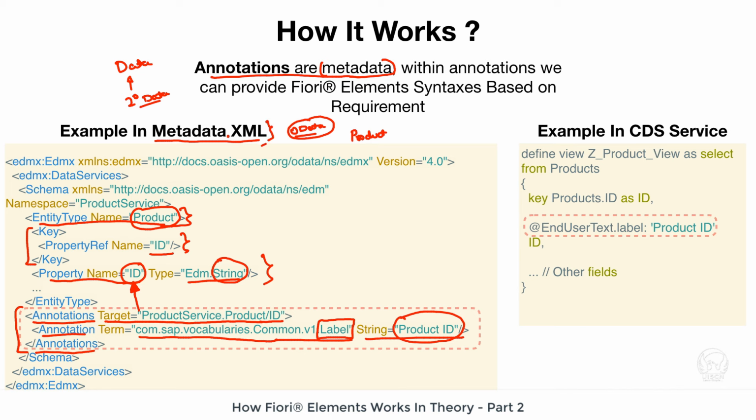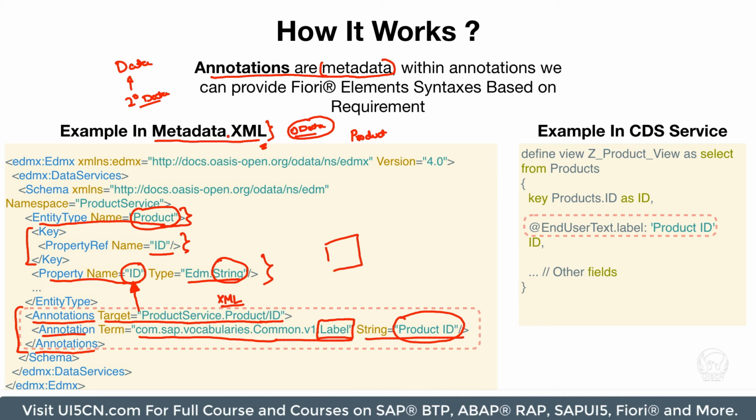This is your metadata.xml file, which is your service descriptor file. Within the XML notation, we have provided this annotation. This format is where you have the annotation within the metadata.xml. You can also have all these annotations bundled together in a separate file, which we can call Annotation.xml.